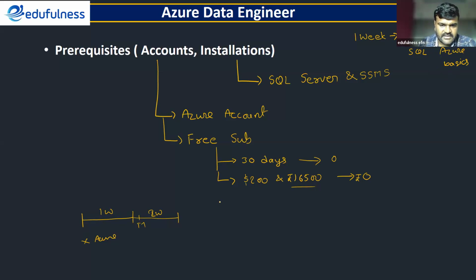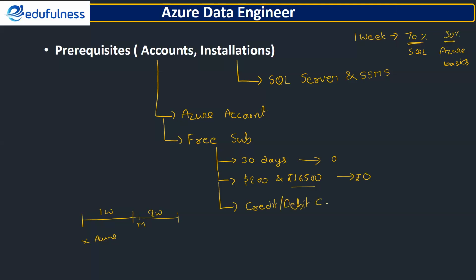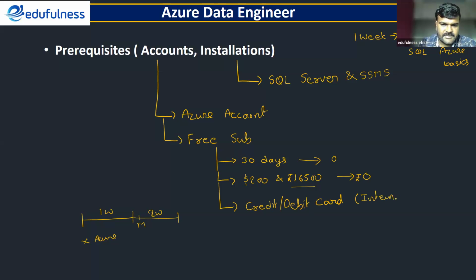Now to create this account, you should mandatorily have either a credit card or a debit card. This credit card or debit card should accept international transactions. If it does not and you are not able to create the account, you can do one simple thing: log into your online banking and enable the option to allow international transactions, because Azure is from the US, right?